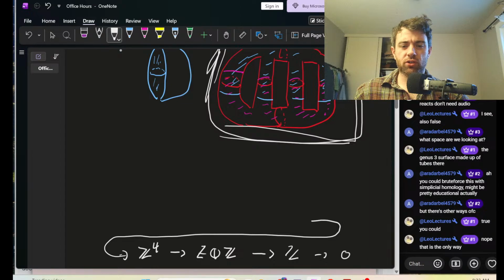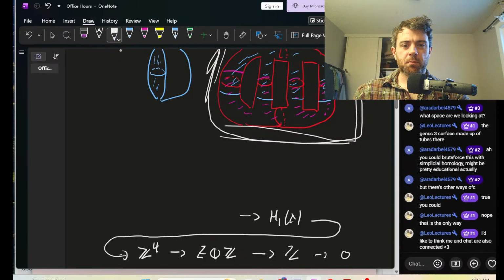So now this is H1 of our shape. Then we have, what is this? It's going to be H1 of the two shapes, which is trivial. Then we're going to have H1 of the sum, which is a bunch of H1 of the intersection. There's H1 of a bunch of tubes, so that's 4 Z4s.